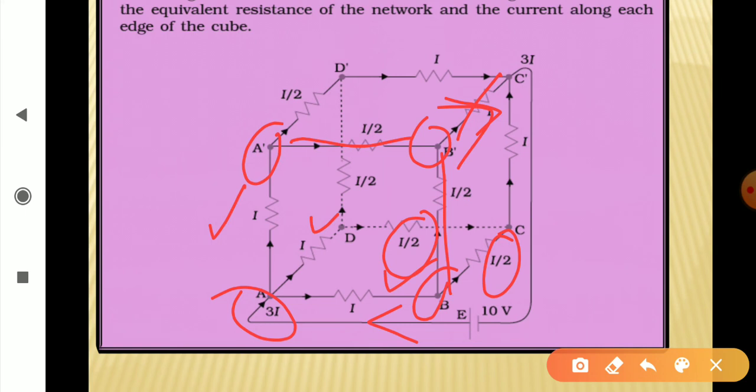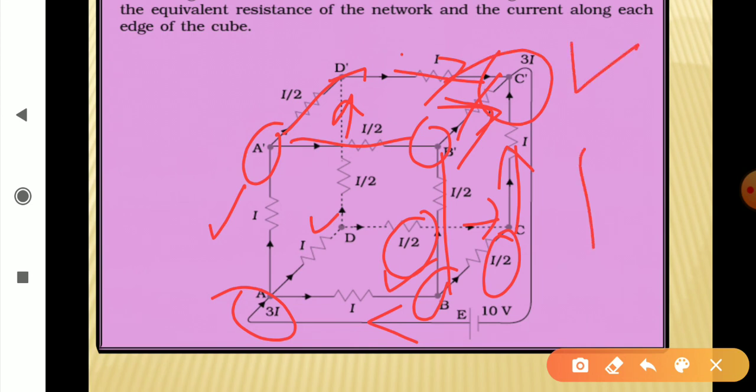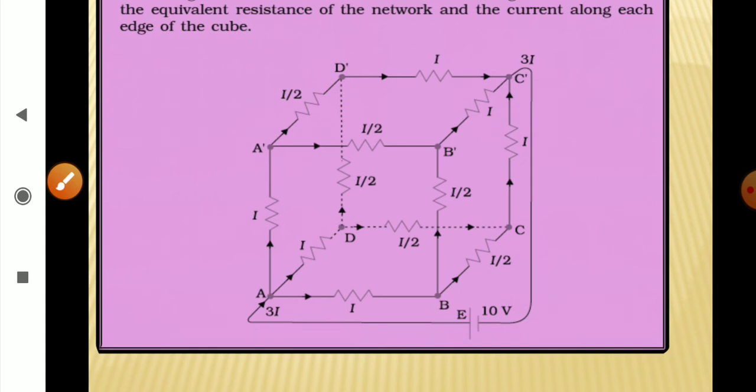And from here also I by 2 will come from this side, and they two will give you I, and this I by 2 and I by 2 coming from here will be meeting and giving I. So at this point C, again 3I current will be returned back to the cell. So you must understand this division of current.